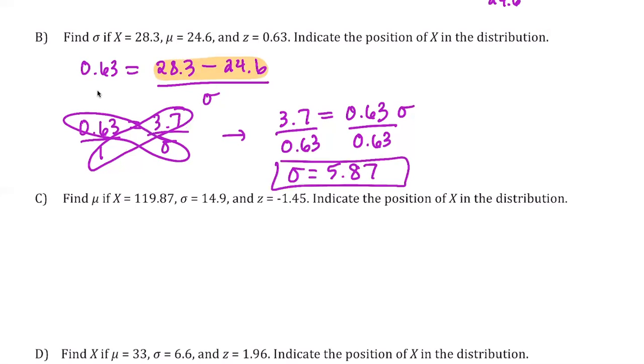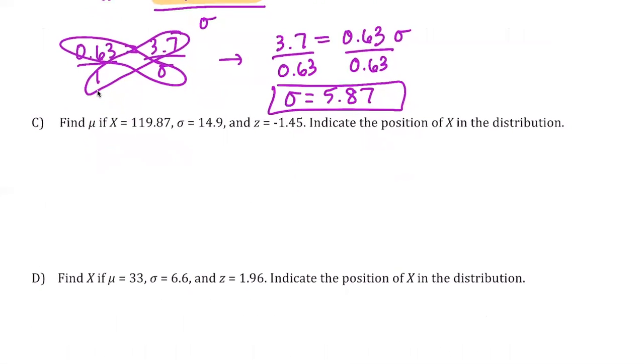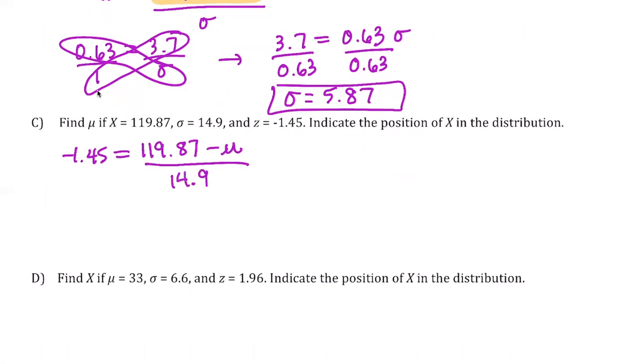Okay. Now, part C is pretty much the same process. There is one small catch that we want to be really careful of when solving for our mean. Nothing about how we plug this in is any different than the one before. Plug in our z value. Our data point is 119.87. I don't know my mean in this case, so I'm going to leave that. And my standard deviation is 14.9.